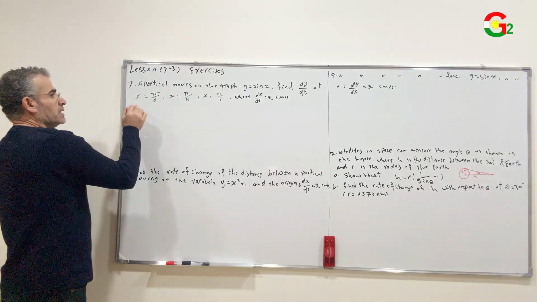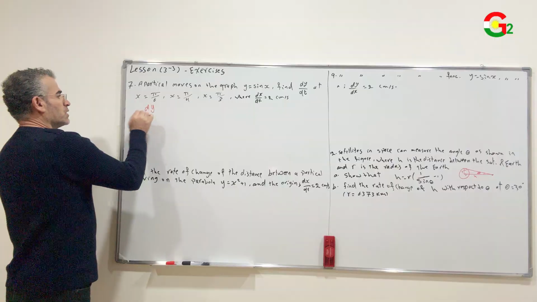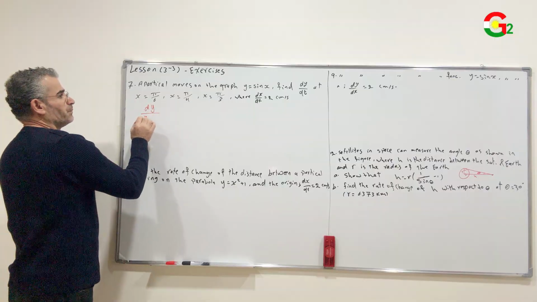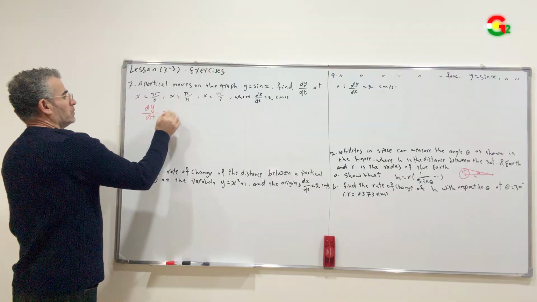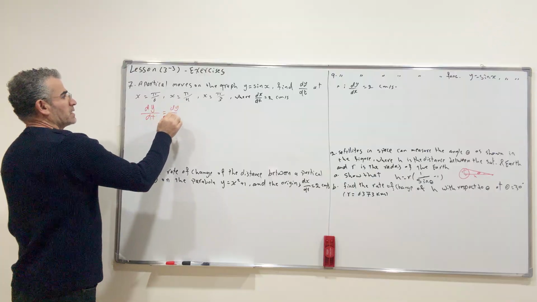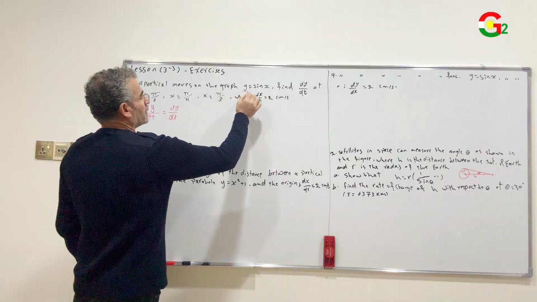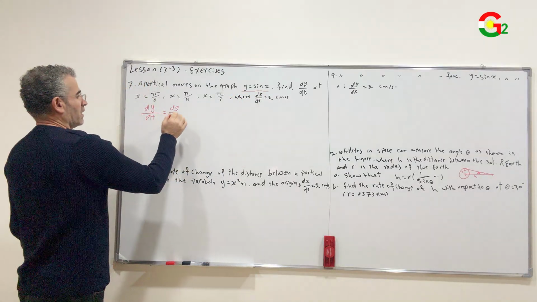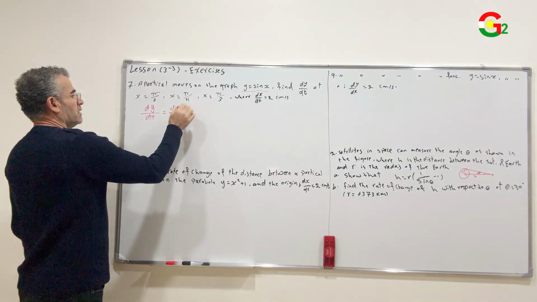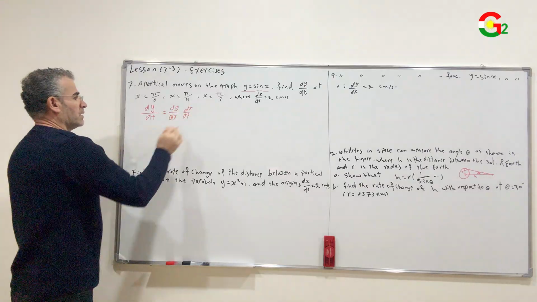Use the chain rule to find dy over dt equal to dy over dx, since y is given in the x variable, times dx over dt.